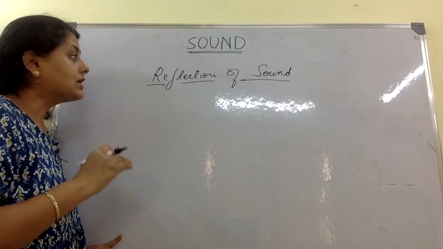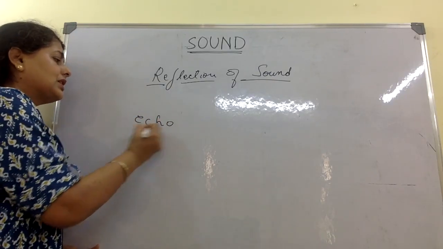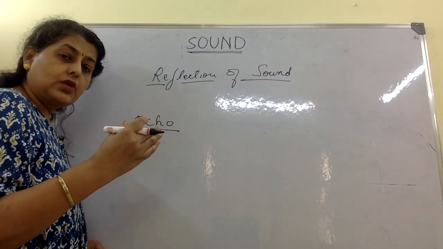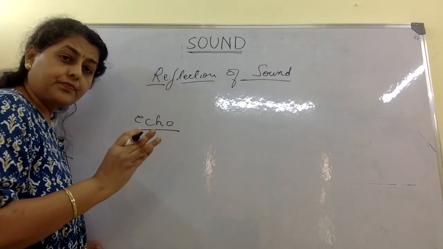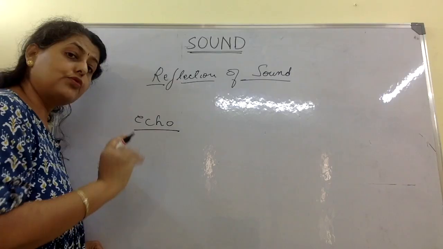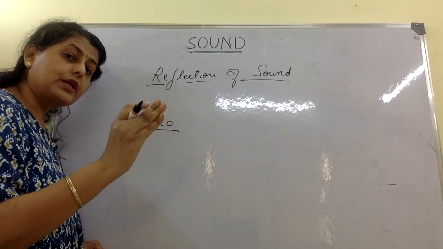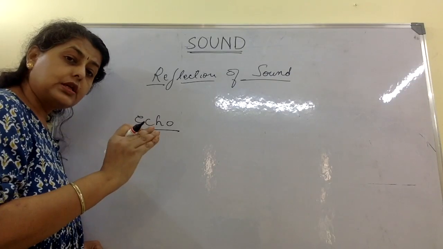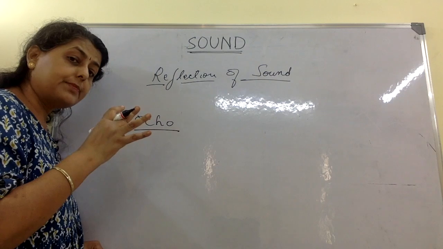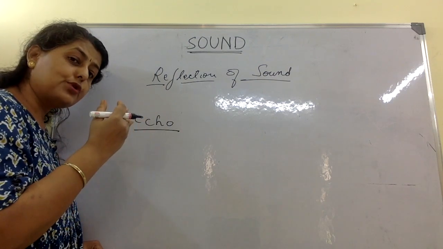Now let's come to what is an echo. If you are in a room where there is no furniture, only the walls, an empty room, then you can hear a proper echo. Or you have gone to a temple with a big shrine, or you've been to a church, and you go and speak there, and there are not many people, and you hear the sound coming back to you.